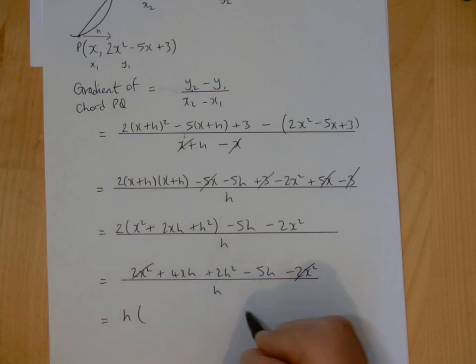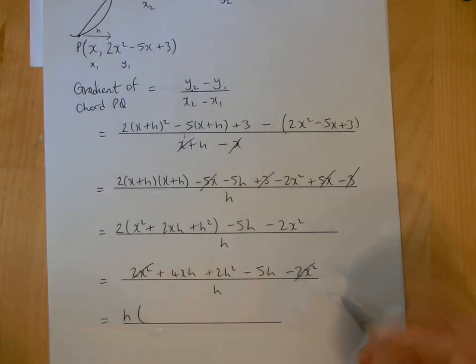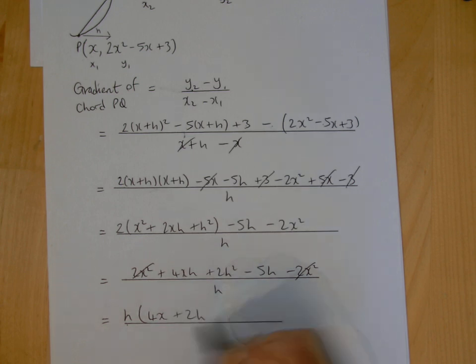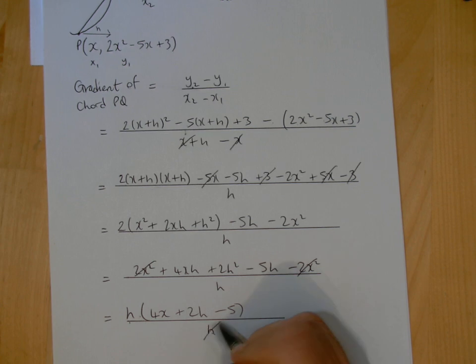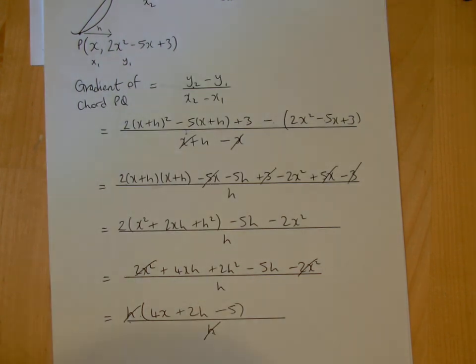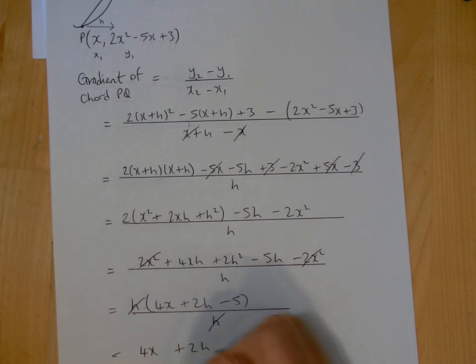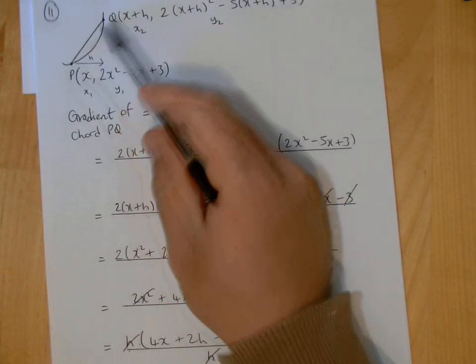So inside the bracket then, because I factorize out the h, it'll be h times 4x will give me that, h times 2h will give me that, and then h times minus 5 will give me that, all over h. And then of course, because we've got h on the top, h on the bottom, it's a common factor, we can divide them, it gives me 1, so I'm left with 4x plus 2h minus 5. So that's the gradient of the chord PQ.